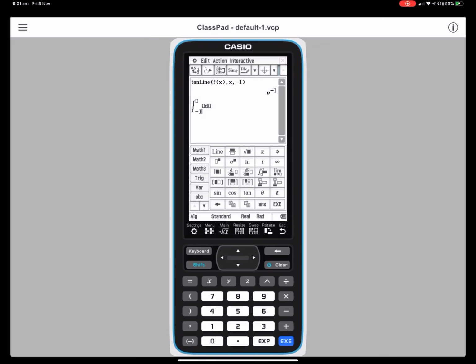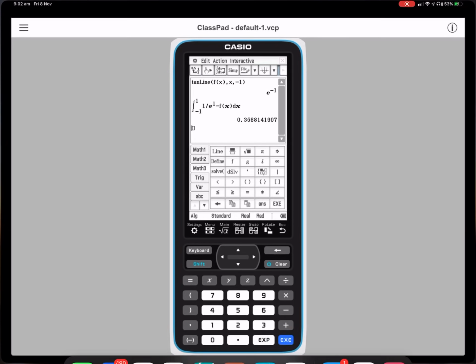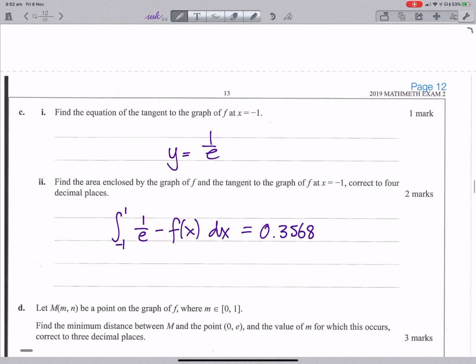So the integral from -1 to 1 of 1 divided by e to the 1, minus f of x dx. That looks exactly right. Okay, off to a pretty good start.